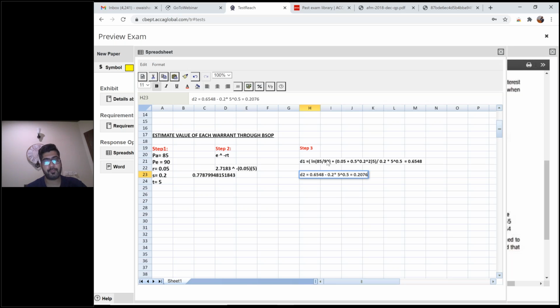The result is 0.2076. This is your third step, D1 and D2. Any questions on step 3?